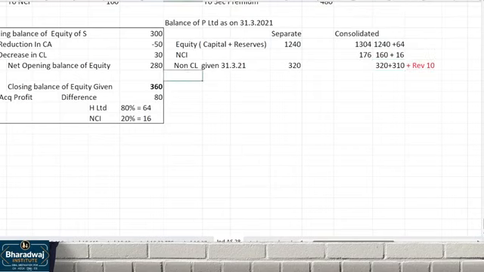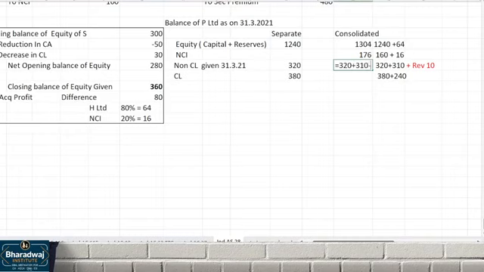Then current liability. What is the current liability in the separate balance sheet? 380. In the consolidated balance sheet, 380 plus 240. Don't add revaluation. Why? Already adjusted.